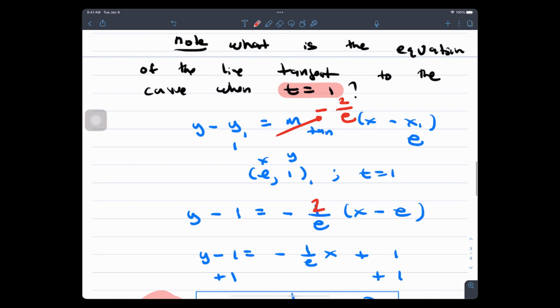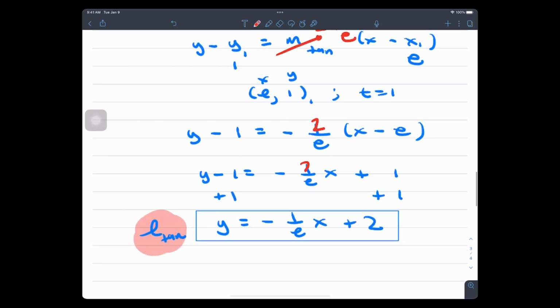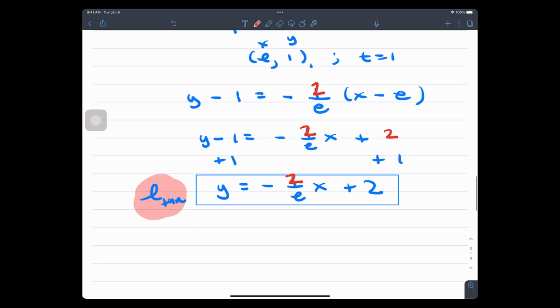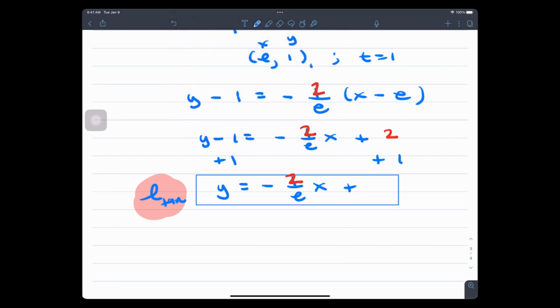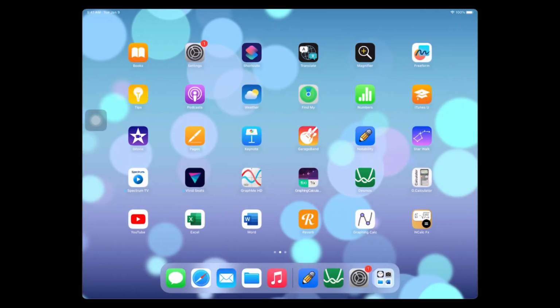Okay, so we get a 2. And so negative 2, I think this will be plus 2 now, right? So that ends up being plus 3 then. Let's double check if that looks right. Negative 2 over e x plus 3.